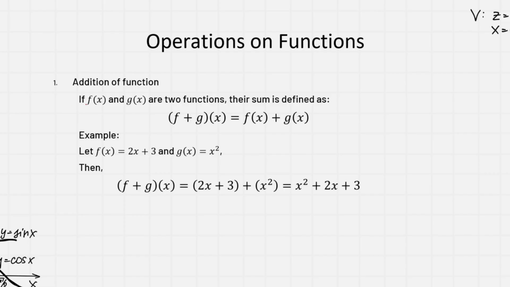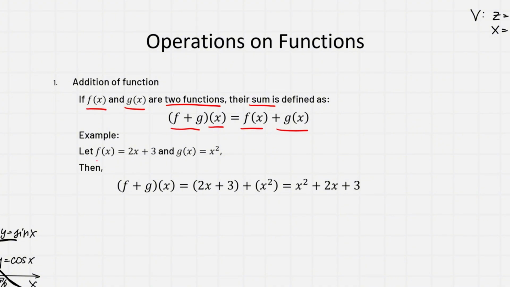Given that we have f of x and g of x, those two functions, if we're going to get the sum of these, the notation will be f plus g of x equals f of x plus g of x.